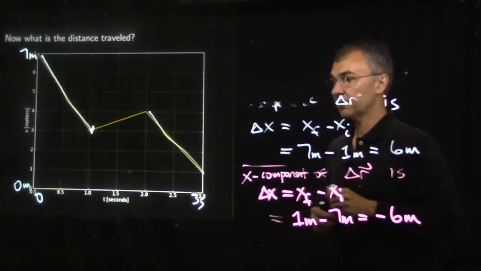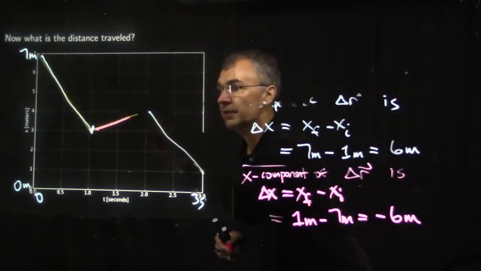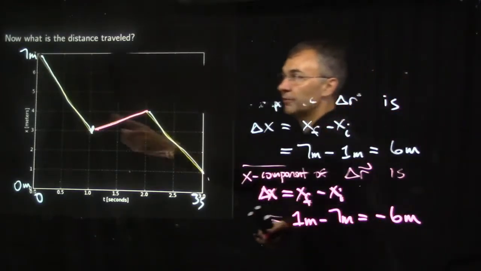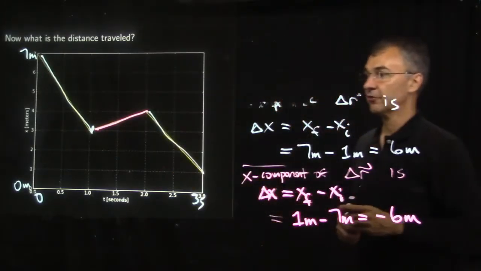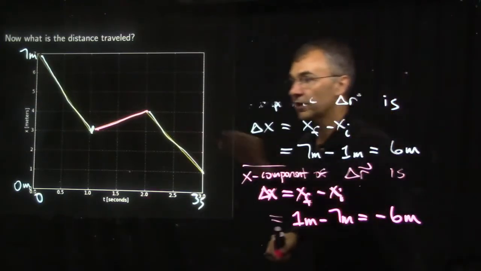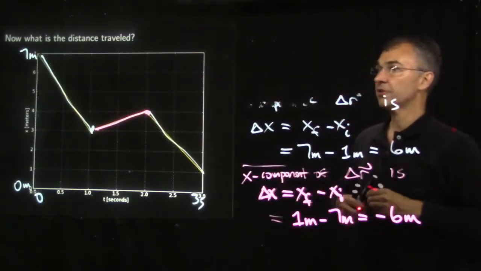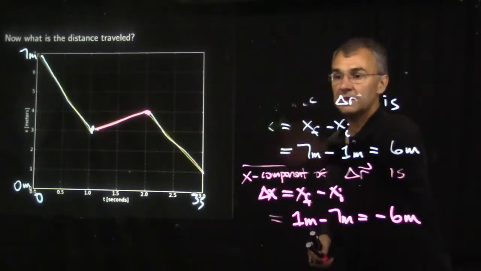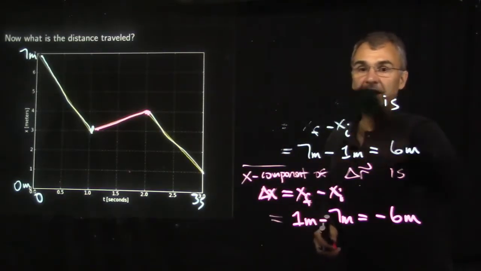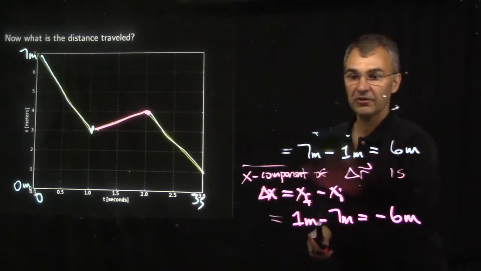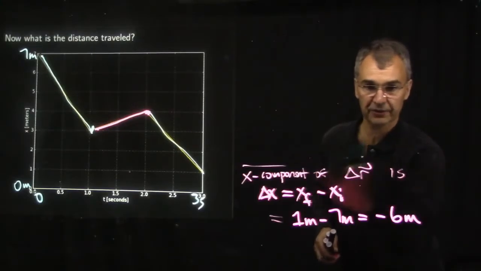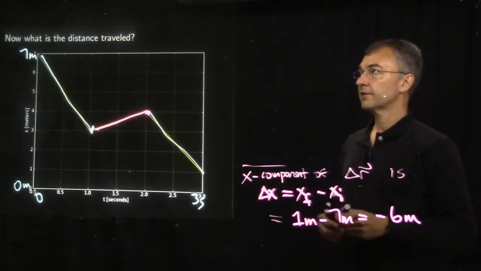So I think we have to split this up into 3 segments: backward here, forward here, and backward here. So we change direction twice. So the distance traveled is going to have 3 pieces which we have to add together, because we change direction twice, giving 3 segments whose lengths we add together to get the distance traveled.